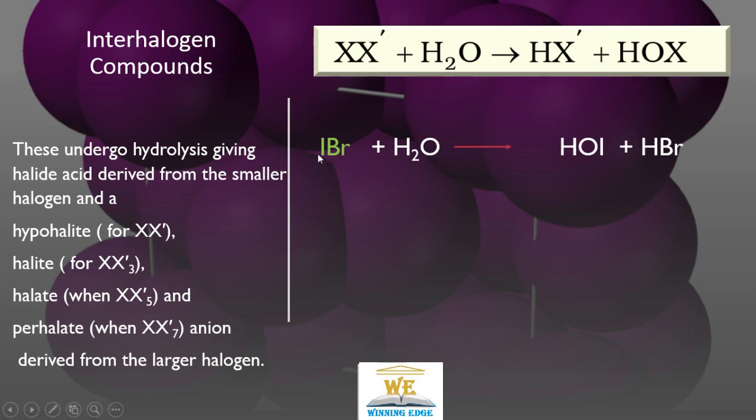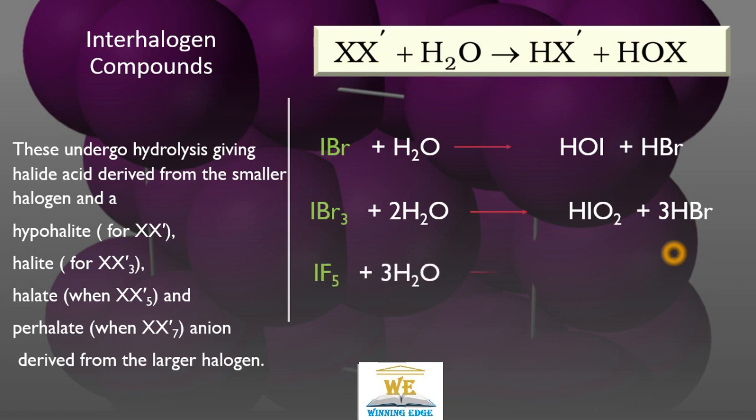Now first reaction, iodine monobromide reacts with water, we are getting hypoiodous acid with HBr. IBr3 reacts with water to give us iodous acid with 3 HBr molecules. IF5 reacts to give HIO3, remember, 5 HF molecules will go out.